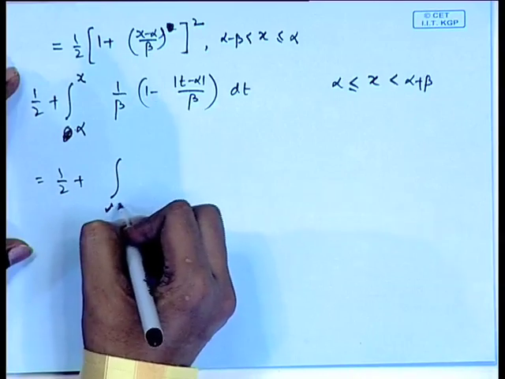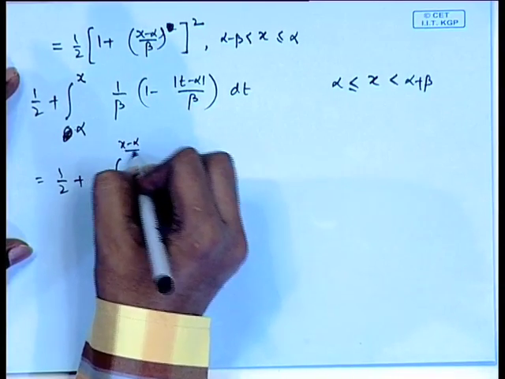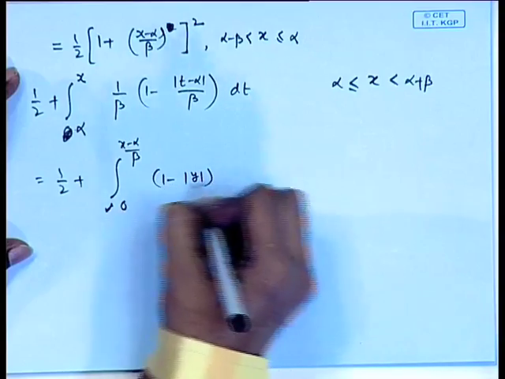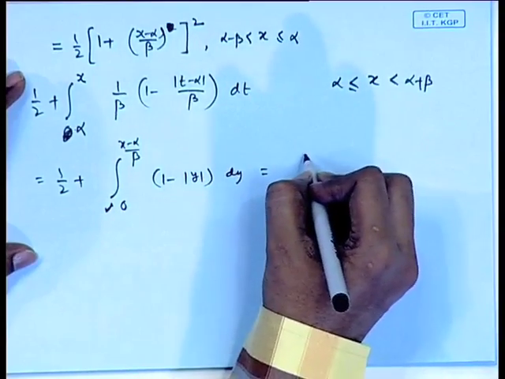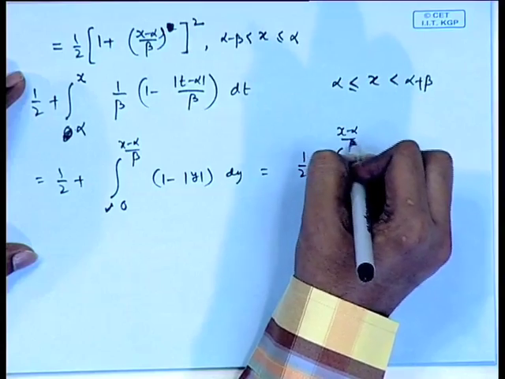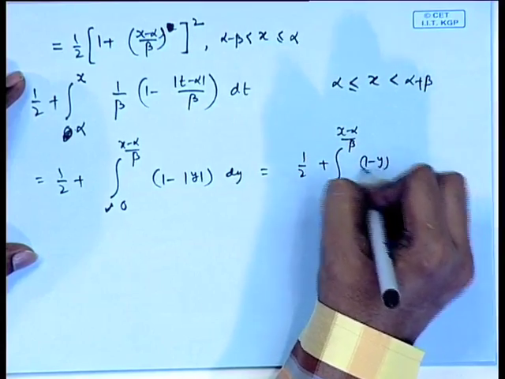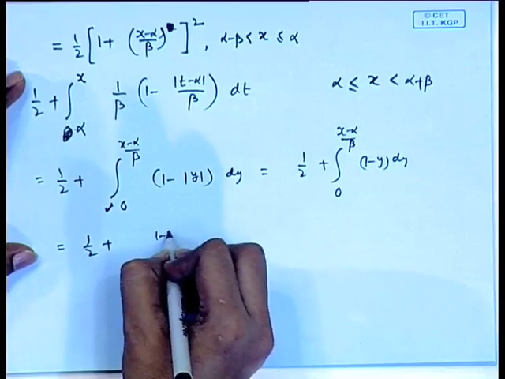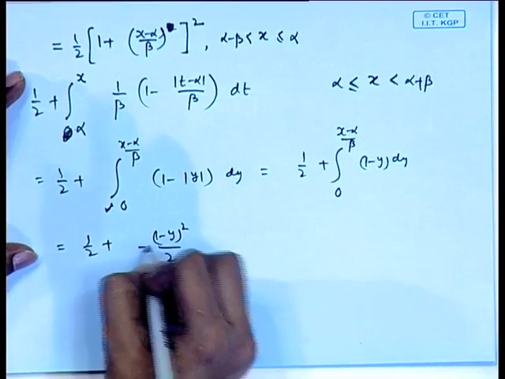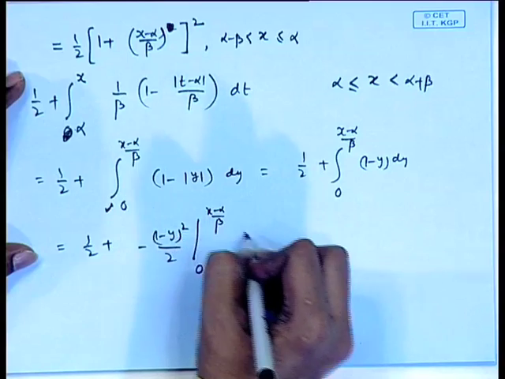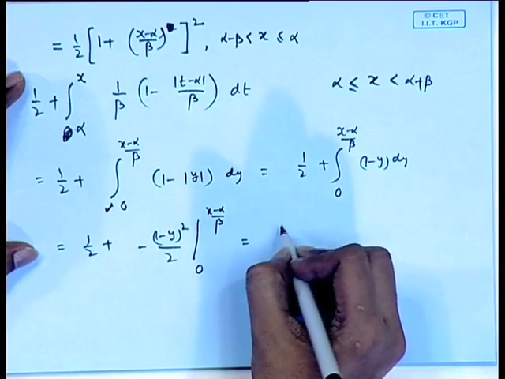So, this becomes half plus the integral from 0 to (x minus alpha) by beta of 1 minus y dy, that is equal to half plus [minus (1 minus y) whole square by 2] from 0 to (x minus alpha) by beta.